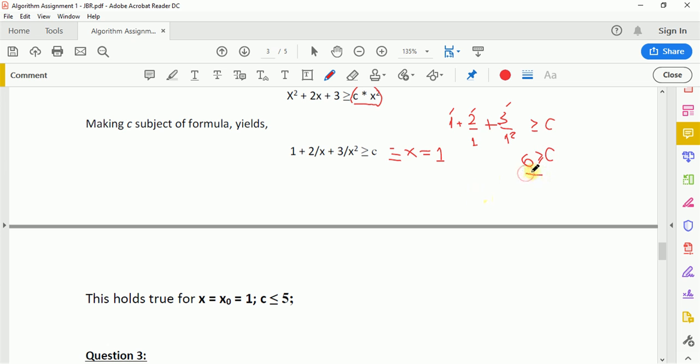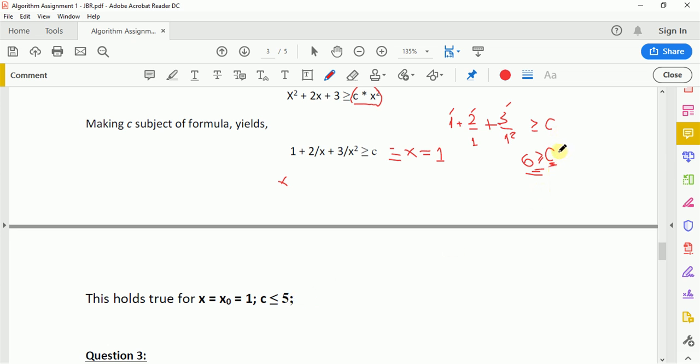So for this to hold true, c has to be nothing more than 5. Okay? Therefore, this condition holds if x is equal to x0 is equal to 1 and c is less than 5.